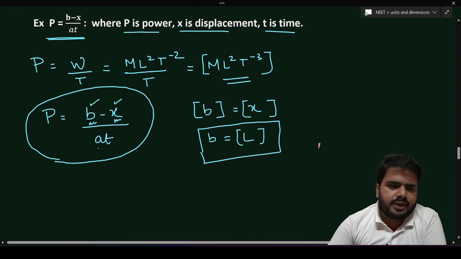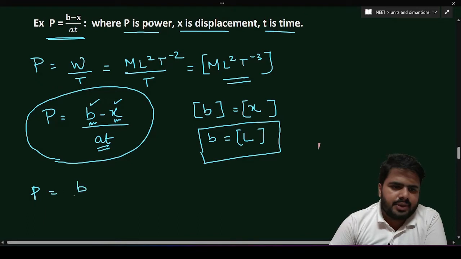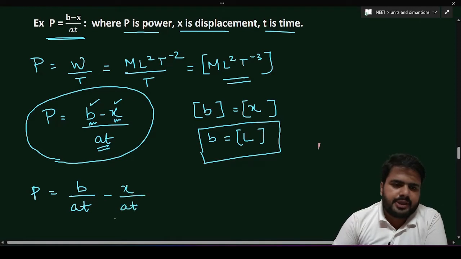Now to find the dimension of A, simply rearrange the equation as B by AT minus X by AT. Okay.